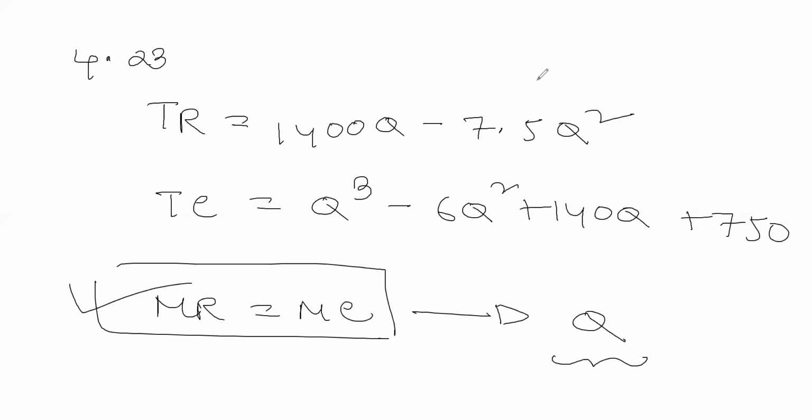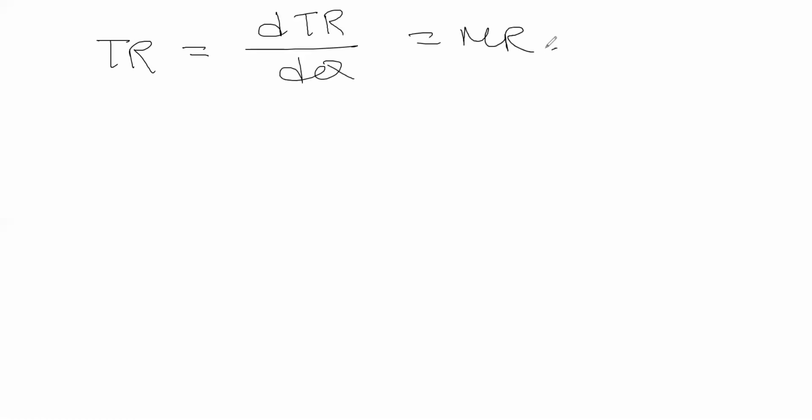Now from here, how would we get the MR and MC? I think you should remember from your Eco 201 concepts, or even the concepts that your instructor Tanvi Sobhan has covered in the previous chapter. From there, you should remember that if we take the first order derivative of total revenue, that means dTR by dQ, it will provide you with the marginal revenue.